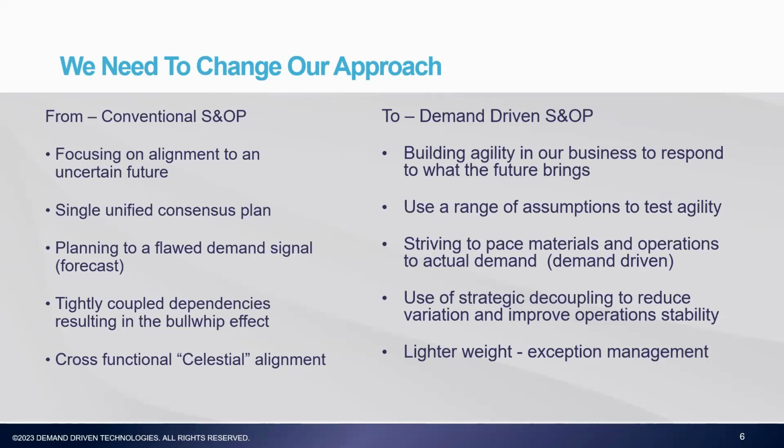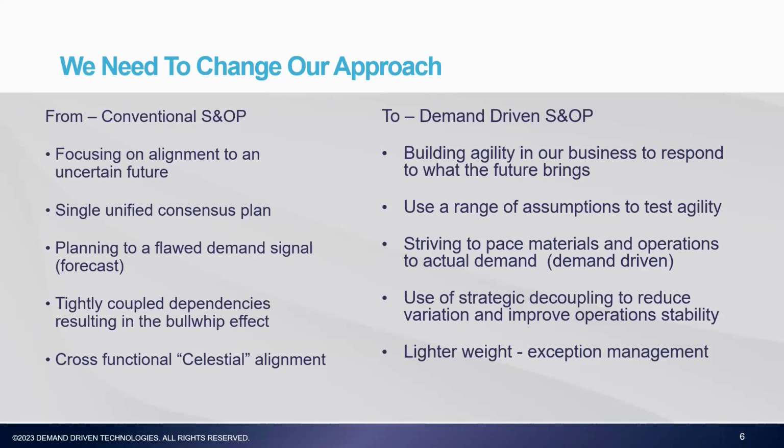So demand-driven S&OP says, hey, we've got to embrace that uncertainty. How are we going to change the way we operate to be more agile and more resilient? We go from trying to get to a consensus demand plan and consensus supply plan to instead looking at different scenarios and testing how flexible our operating model is. Build agility into our business, and then we will be in a better place.